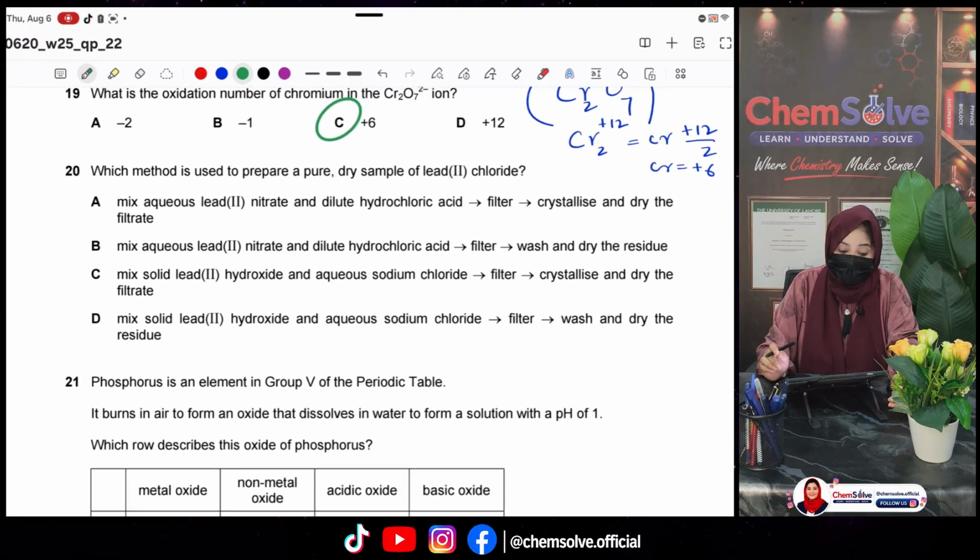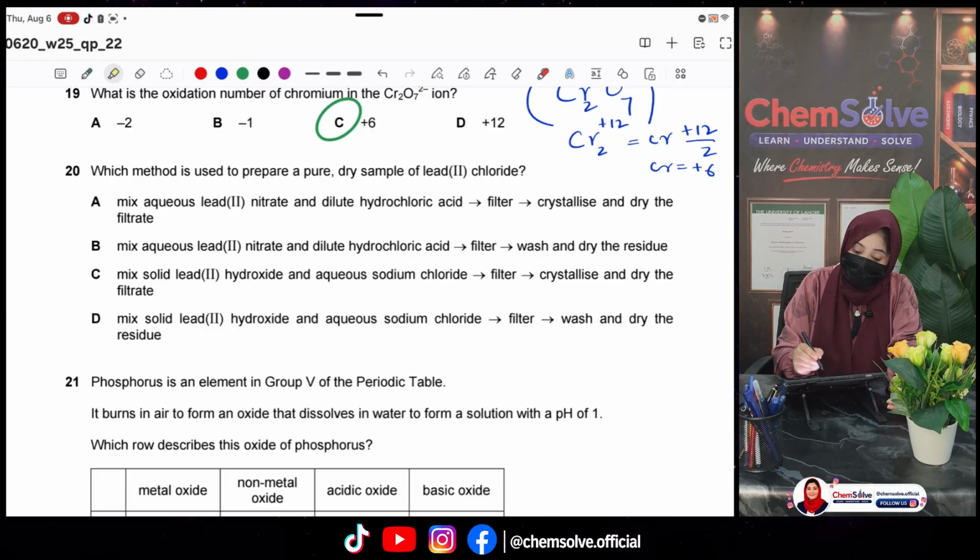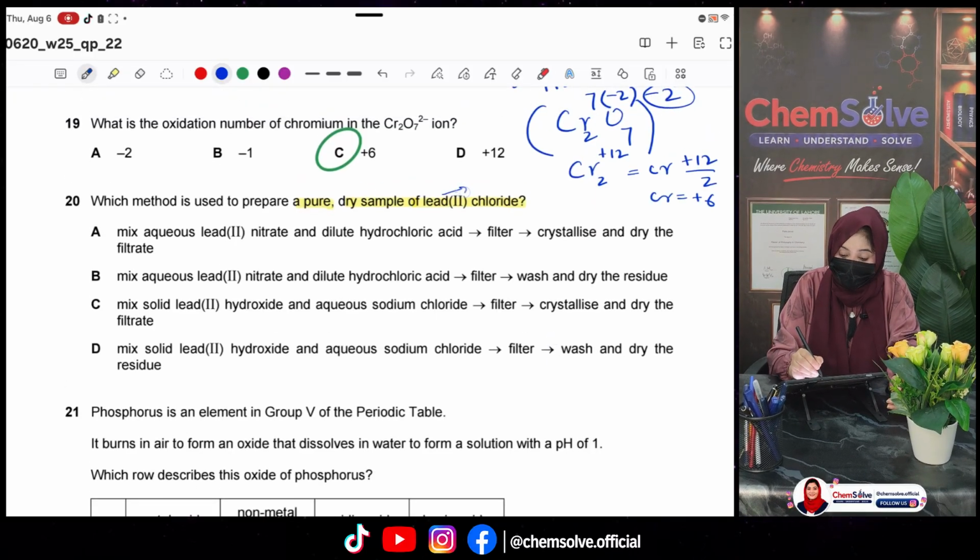Okay, now look at the last question for this part of the paper. That is question number 20. Which method is used to prepare a pure dry sample of lead chloride? My dear students, you know that lead chloride is an insoluble salt.